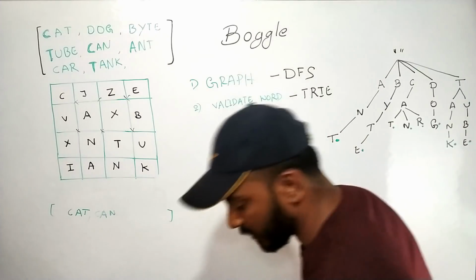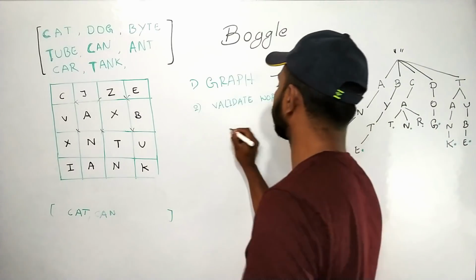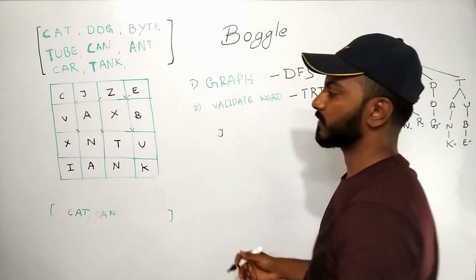After clearing this, from the J node, what are the valid neighbors?